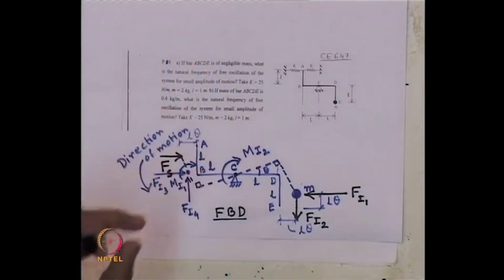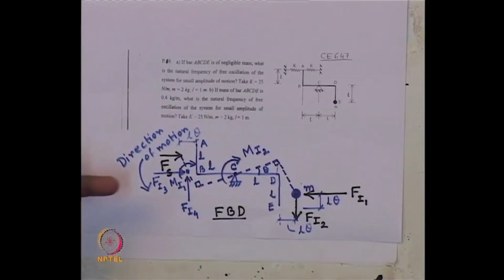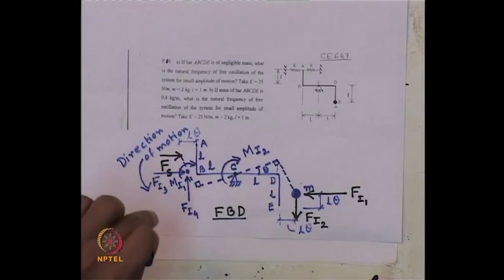So, for the segment AB, F I 3 is the horizontal inertia force, which will try to bring it back to its original position, and all of these act at the center of the bar AB.